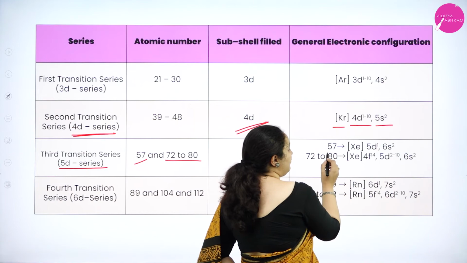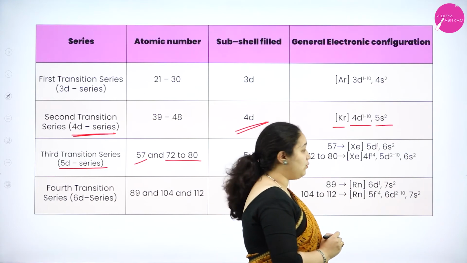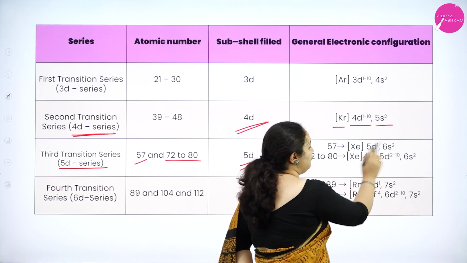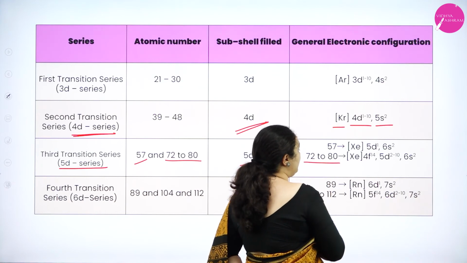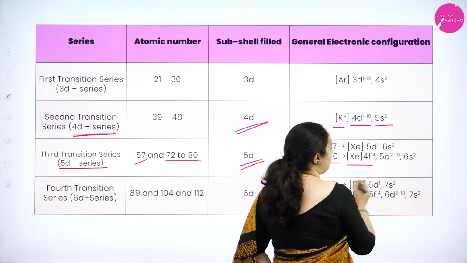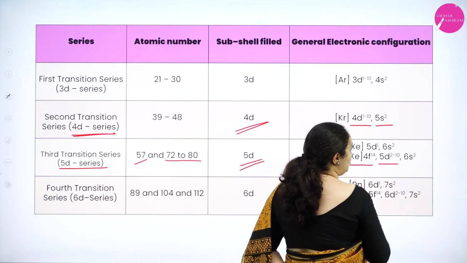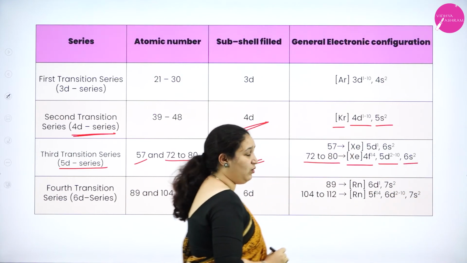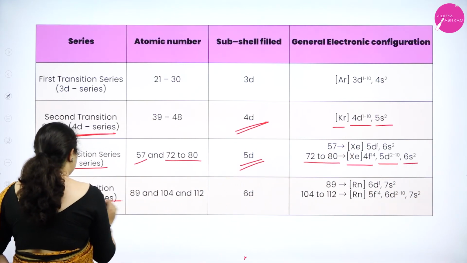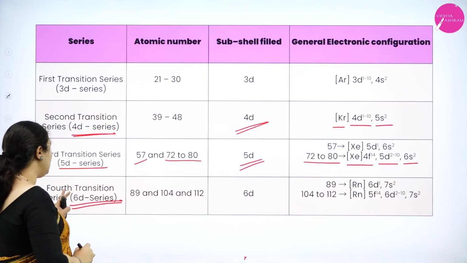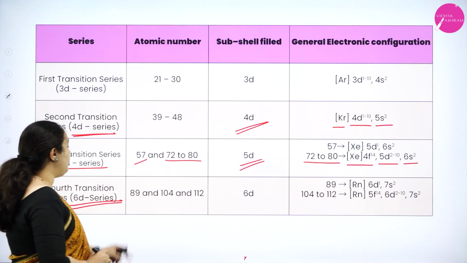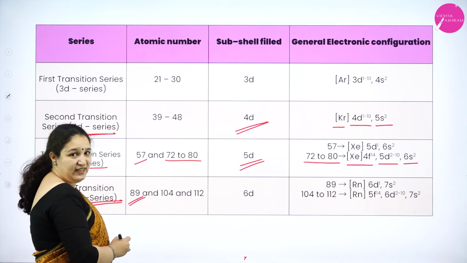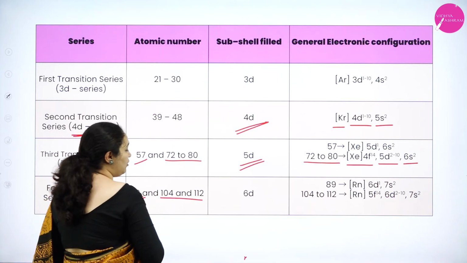For 57, that is lanthanum, you have xenon 5d1 6s2. Then from 72 to 80, you have xenon 4f14, then 5d 2 to 10 and 6s2. Last, the 6d transition series or the fourth transition series, where you have 89, that is actinium, and then 104 to 112.